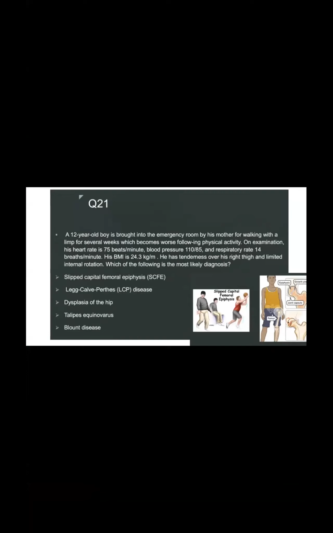Heart rate and blood pressure are okay, BMI is also okay. He has tenderness over his right thigh and limited internal rotation. So what is the answer?